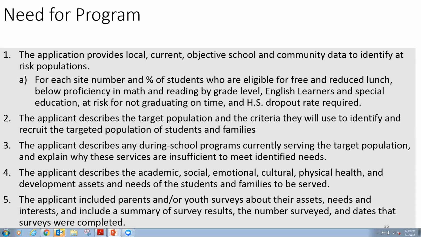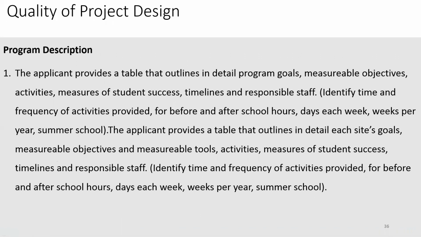So the next section is quality of program design in the narrative, and it has very important separate pieces, and each piece has its own set of points. I suggest for this whole application, you look through the rubric ahead of time and think about all the different parts we're going to be asking information about.